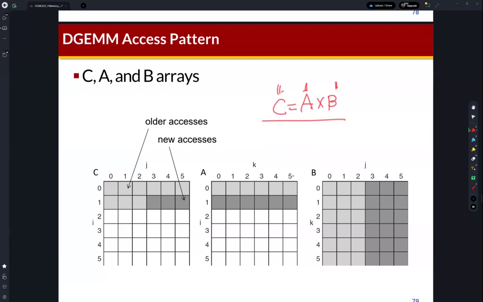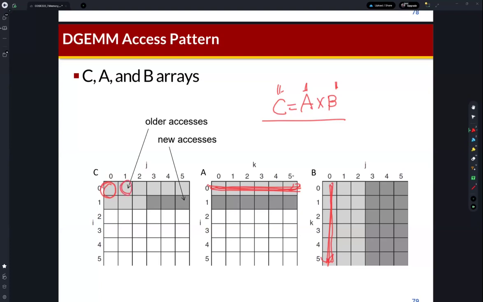So in a matrix multiplication, in order to calculate this element, we will require one row of matrix A and this column of matrix B.